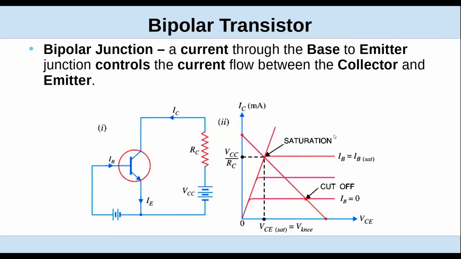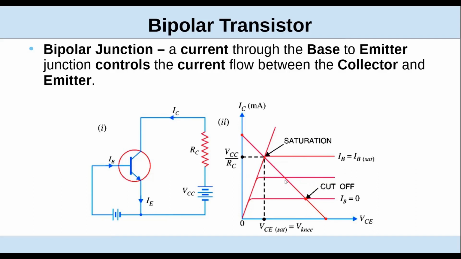And normally, in the data sheets for transistors, you will see a plot like this where they vary the current through the base at specific points and show what the voltage is across collector to emitter, so that you can figure out how you want to bias it, so you can determine what voltage you want to operate at, how much current you want to pass through it, and then you pick your load resistor, which is this line here, and the slope of that's the value of the resistor.